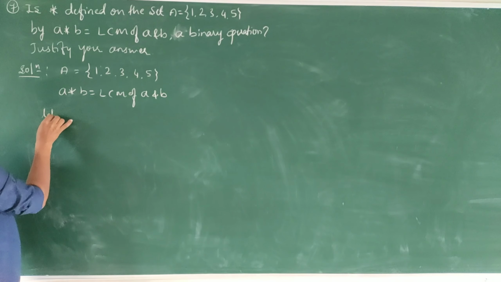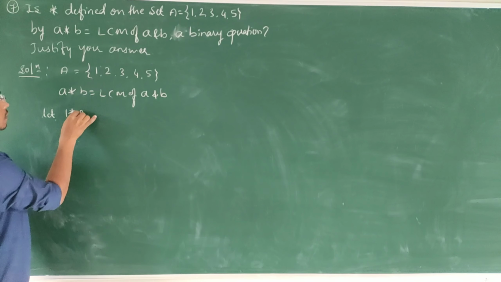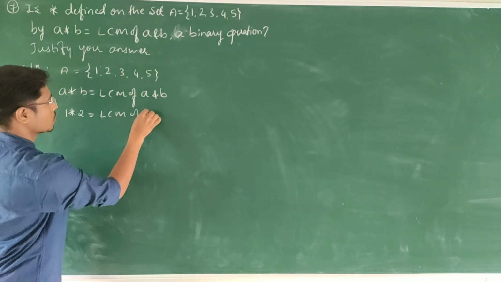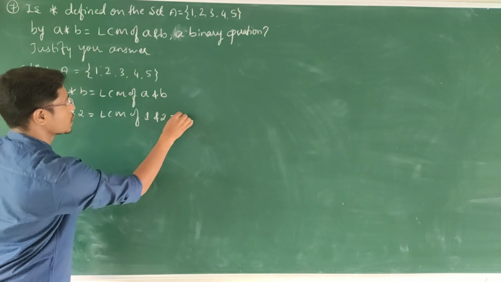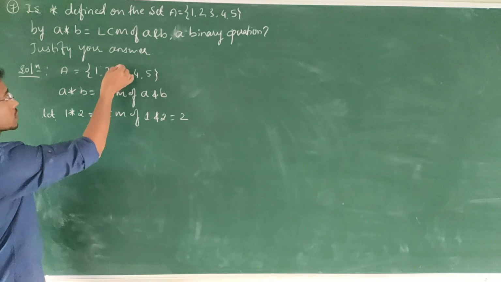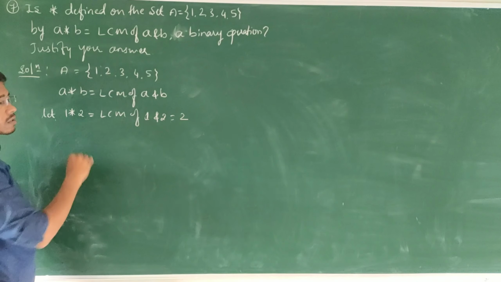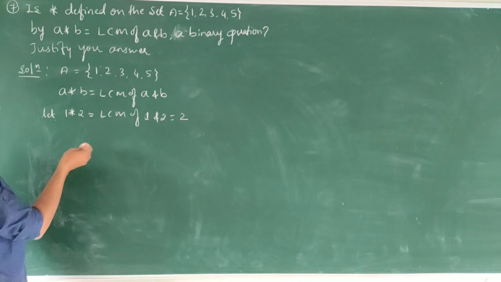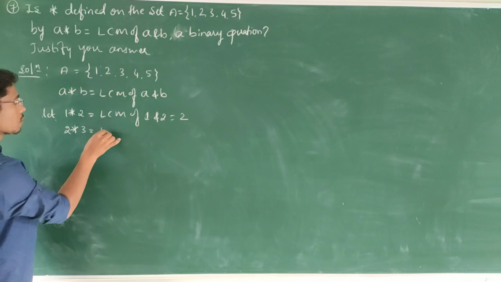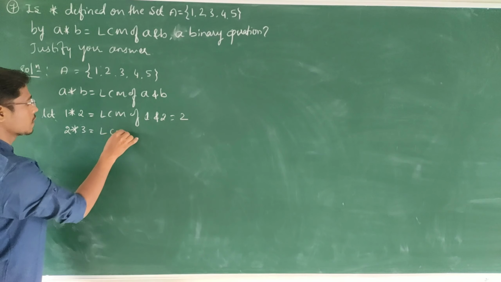So let 1 star 2 equal the LCM of 1 and 2, that is 2. So 1 and 2 belong to the set A, and 2 also belongs to the set A. Again check one more: 2 star 3 equals the LCM of 2 and 3, which is 6.